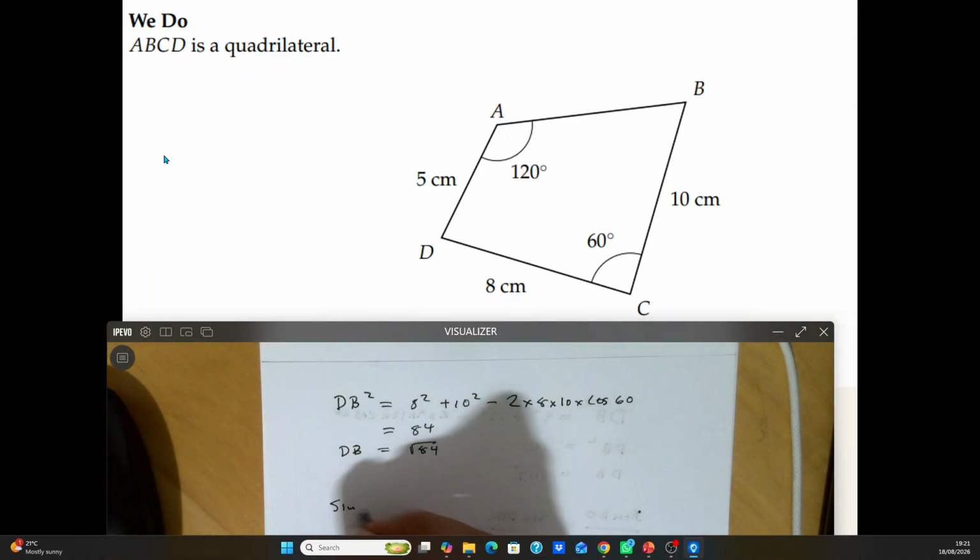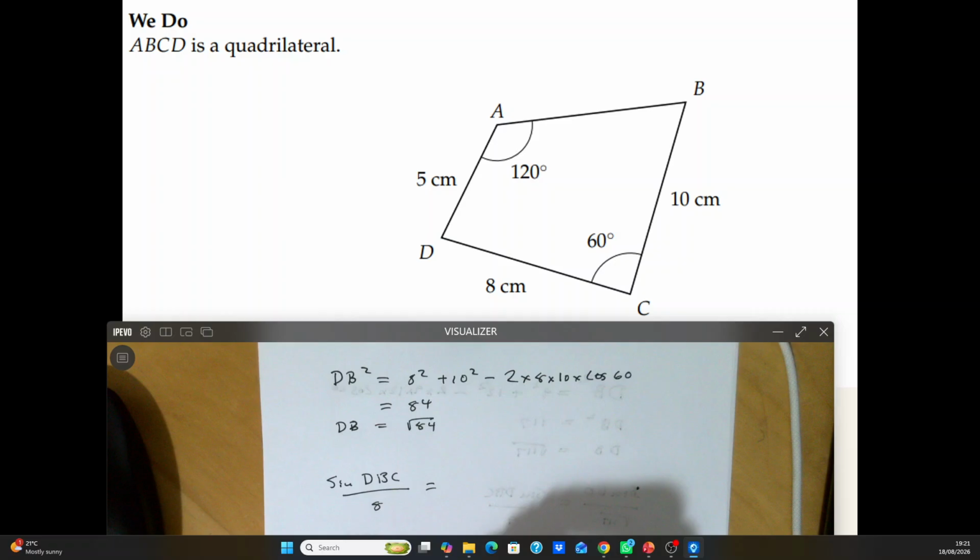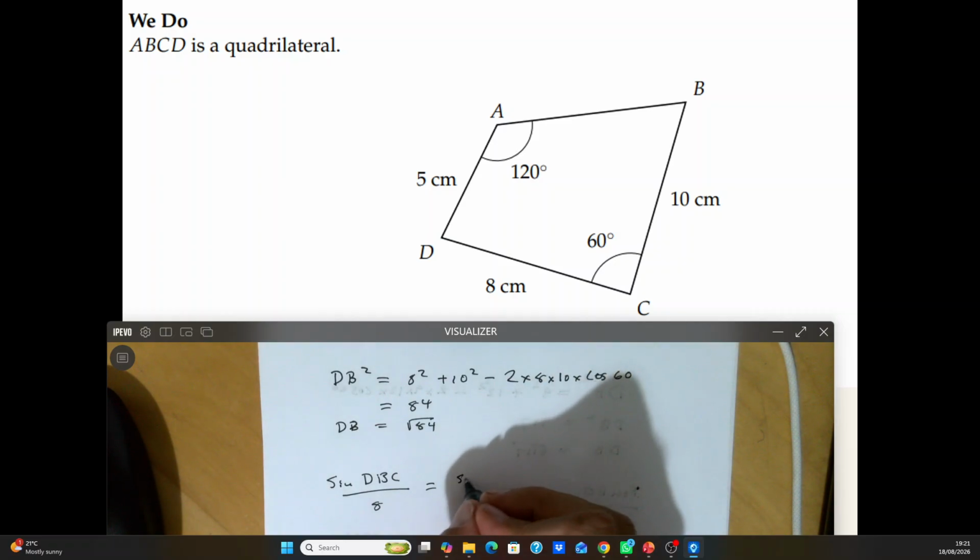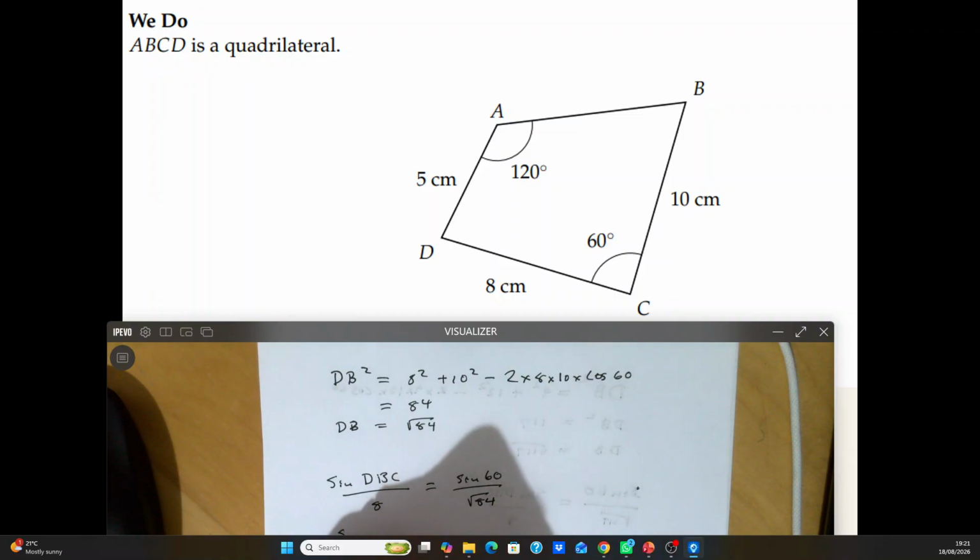So sine DBC over 8 equals sine 60 over the root 84. So I'm hoping you've now worked out what sine DBC is.